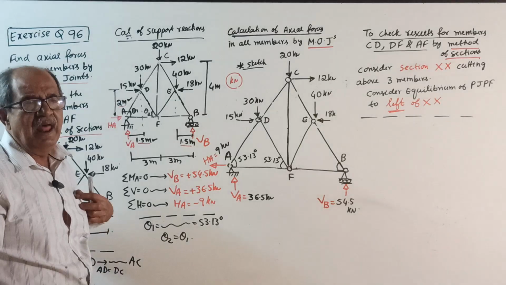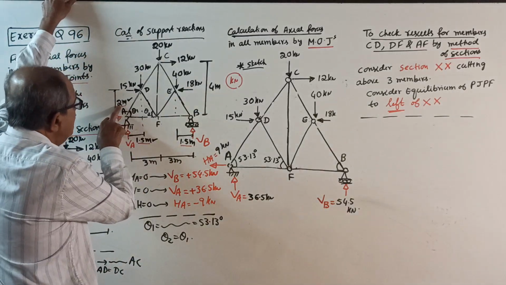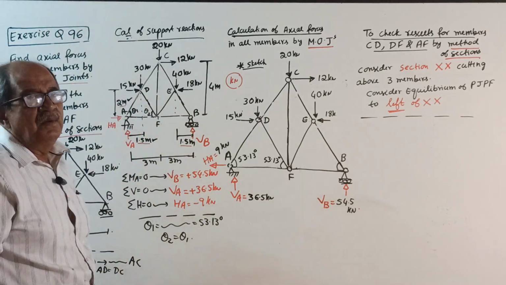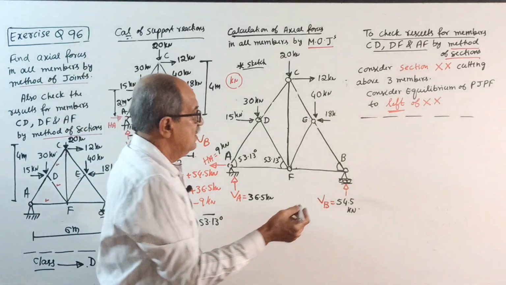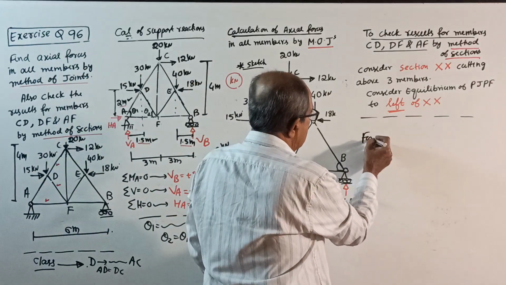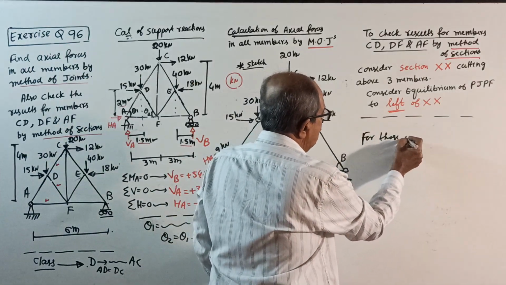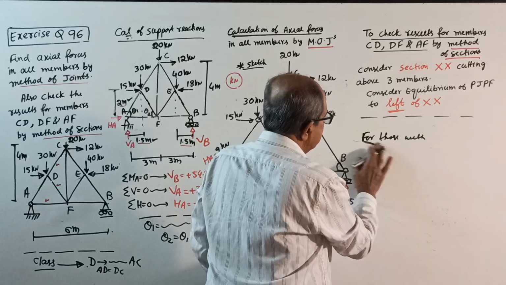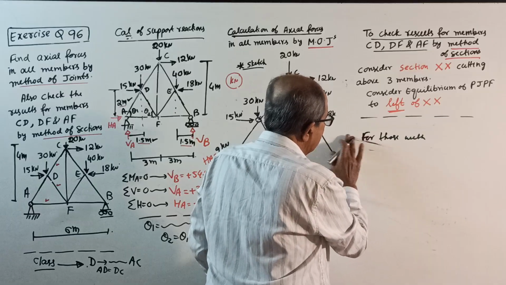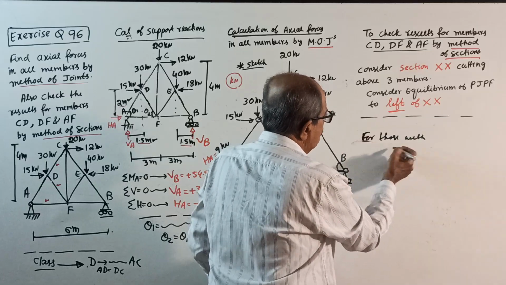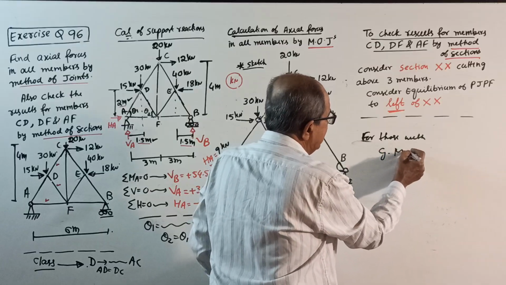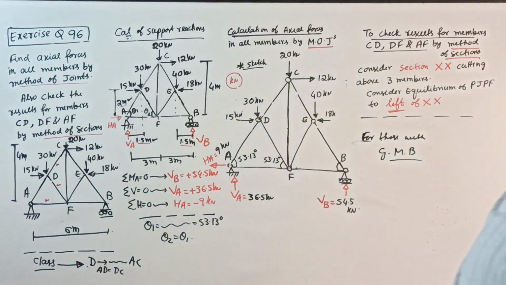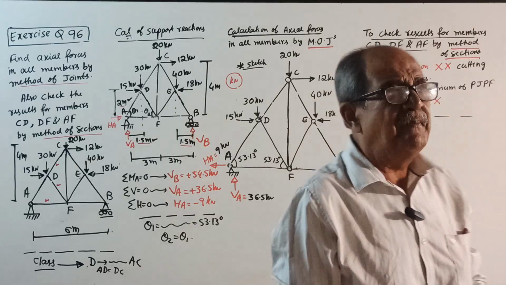Now, some will have doubt how that 2 meter came and how that 1.5 came. I told this earlier also. For those with a good mathematical background, this is not a problem.